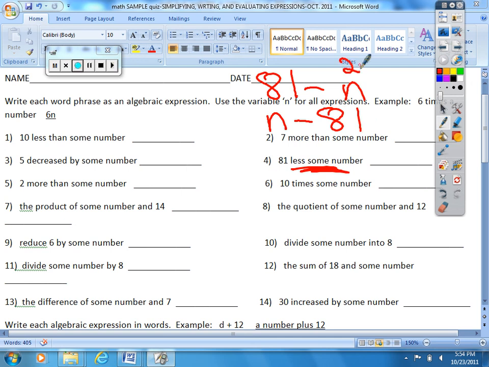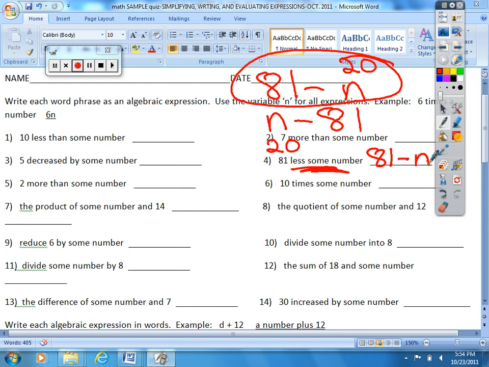I'm going to do 20. 81 less 20. Well, what is 81 less 20? I've got $81 less the 20 that I gave someone. I've got $61. Which one of these will give me 61? This one will. Right there. So 81 less some number would be 81 less some number.